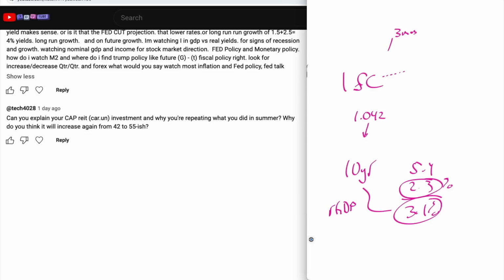Now, does that mean they're going to run to $55 in the next month? I don't think so. But will they find their way back there over, let's say, 12 months? Yeah, I think so. They're at 43 now, so 55 is about 30% upside, along with a 3-point-something% yield.